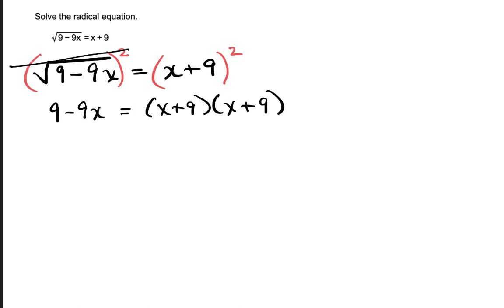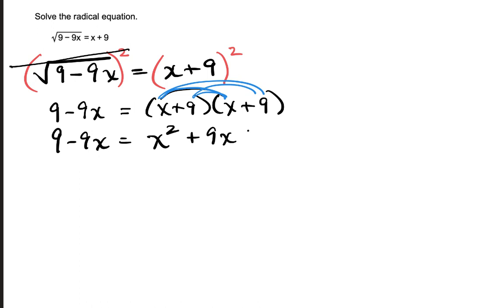Makes sense? This is different than just squaring the x and squaring the 9. When you do this, you have to FOIL it out. Remember, we have first, I'm doing blue, first, outer, inner, last. So you have to multiply 4 things. So let's see what we get. First is x squared, then we have x times 9. X. The inner.